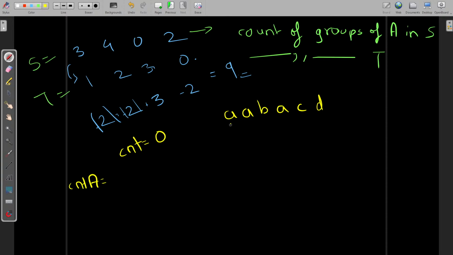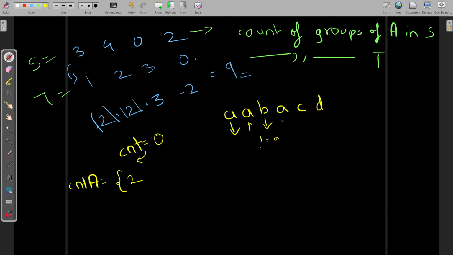Now I will start iterating upon my string. I have encountered an A, so I will increment my count variable by 1. Then on the second character I have found another A, so I will again increment my count by 1. Then I go to the next character, and find that it is not equal to A. Then I will insert this count into my vector, and I will reset this count to 0.